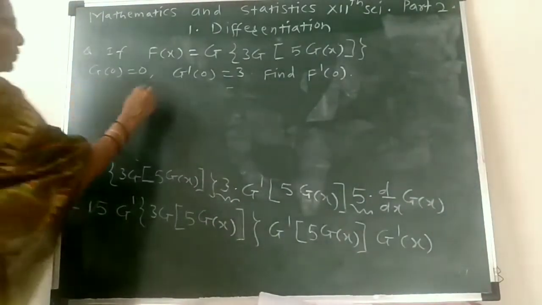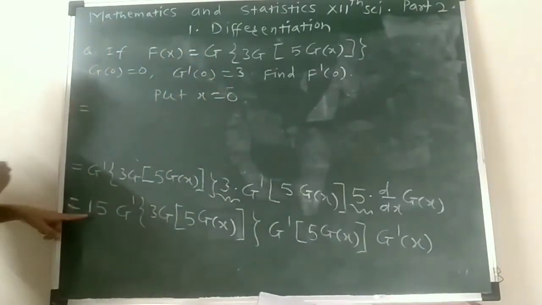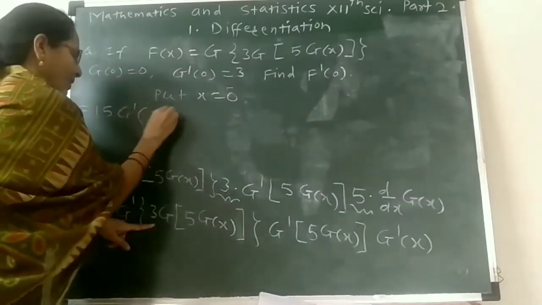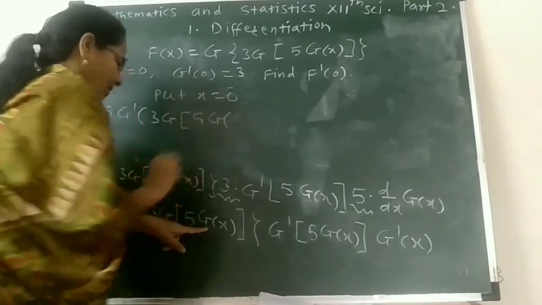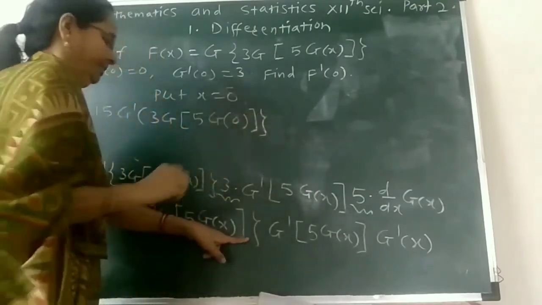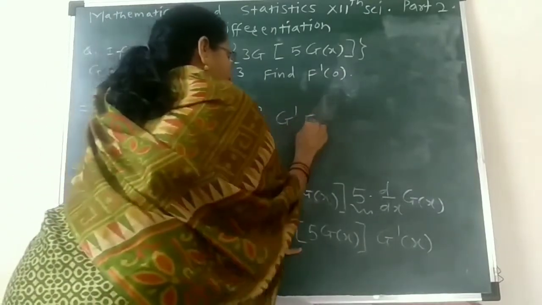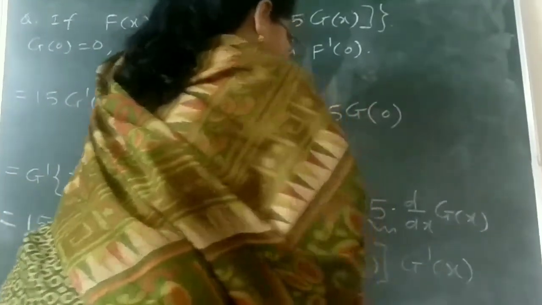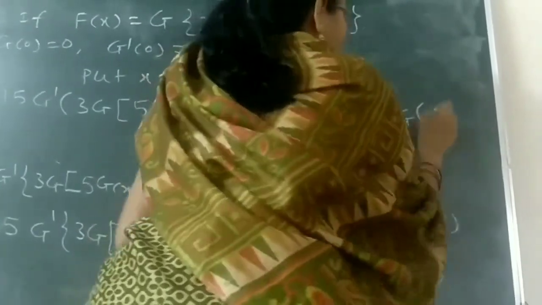Now put x is equal to 0. We get 15 g dash 3g, 5 gx is 0, g dash 5 gx is 0, g dash x is 0.